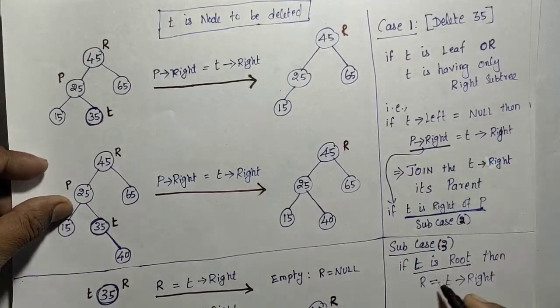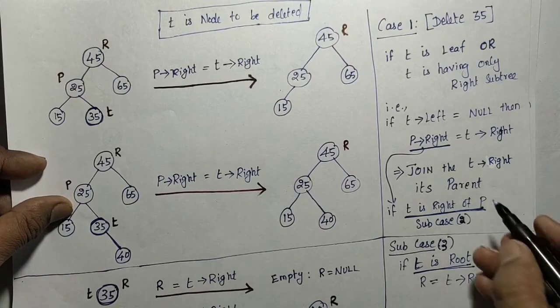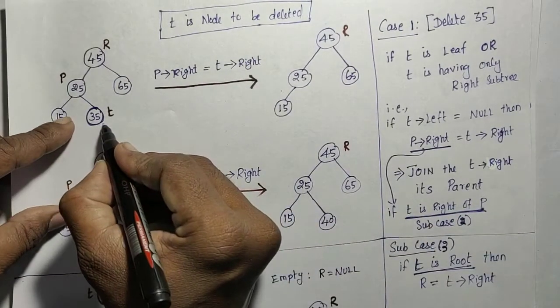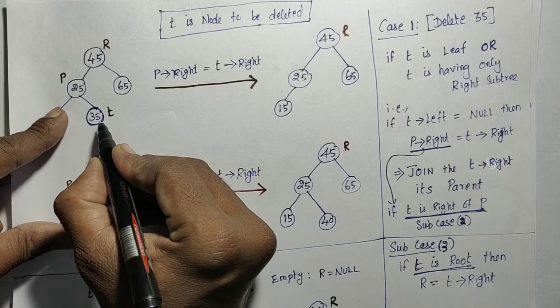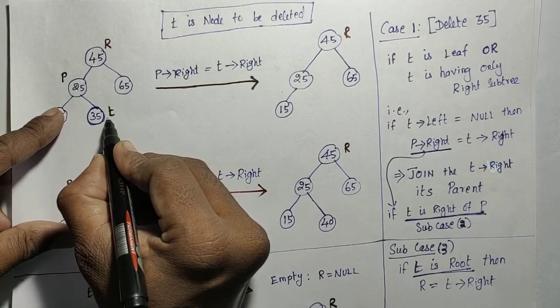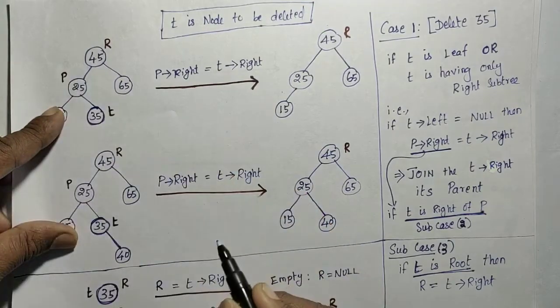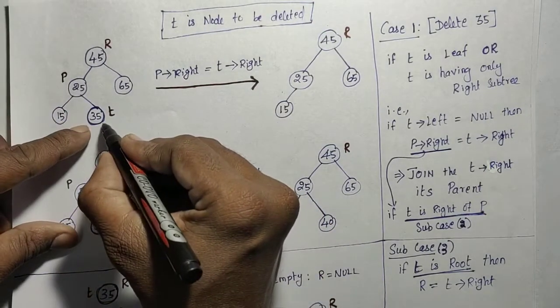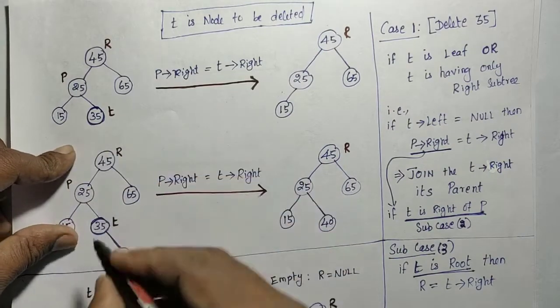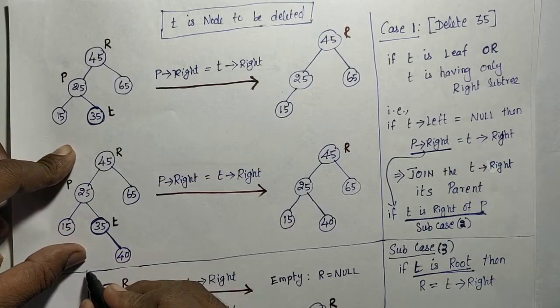The third case is t is a root. T is a right of the p means consider this situation here. Here I wanted to delete the 35. By the time t is pointing to 35, p is pointing to the parent. Here also the t left is null.